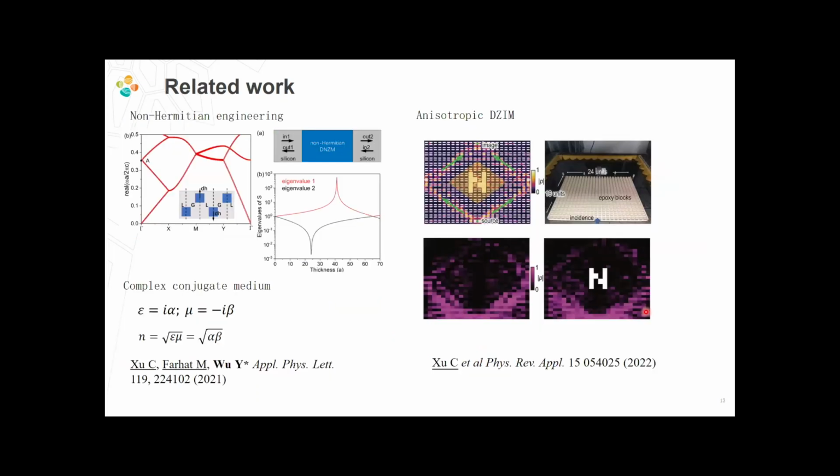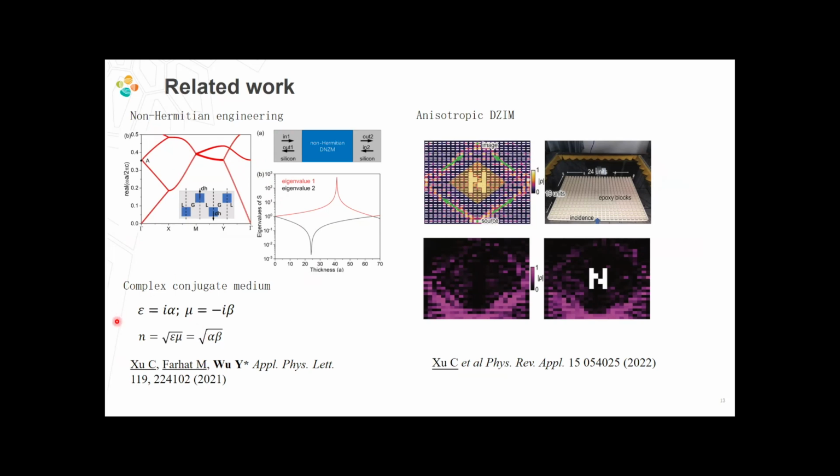And also using these geometric or symmetry considerations, we designed different types of zero index material and added some flavors, for example, adding absorption and gain to make it non-Hermitian.